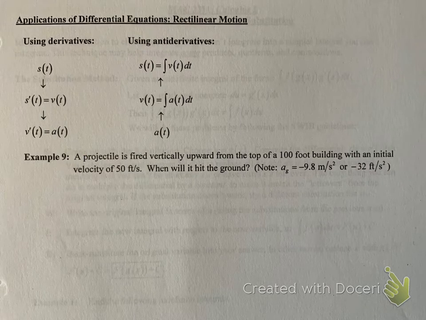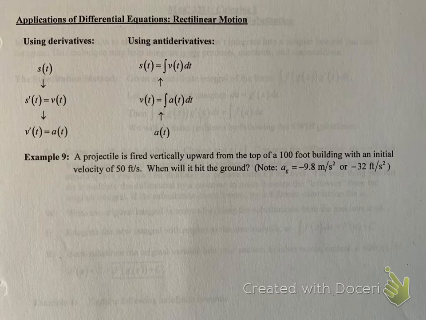All right, so we're going to look at applications of differential equations, and in particular, we're going to look at rectilinear motion. So before, we learned if we took the derivative of the position formula, or s at t, we got the derivative of s would give me the velocity formula.